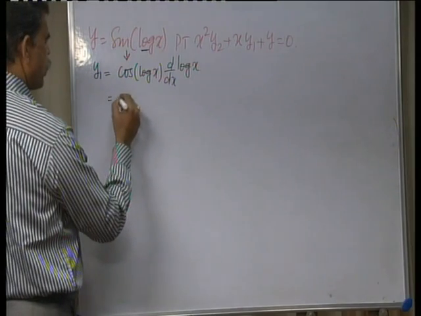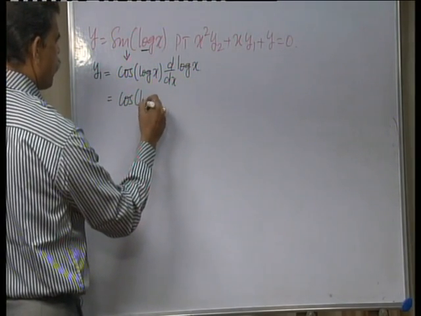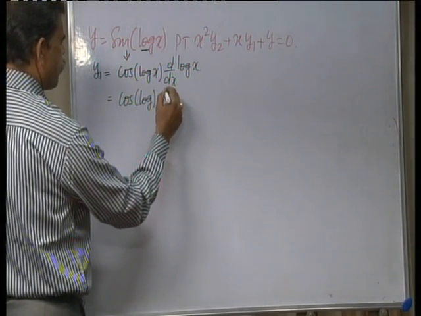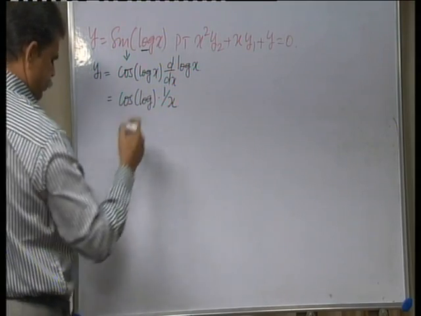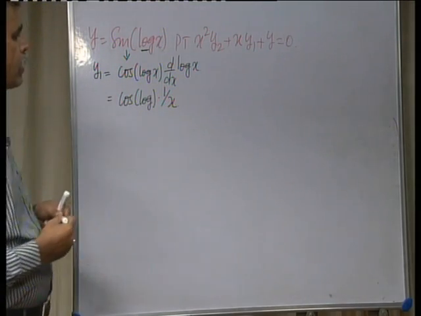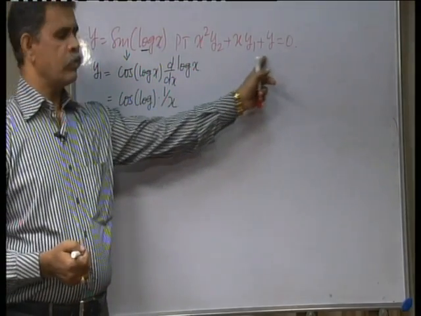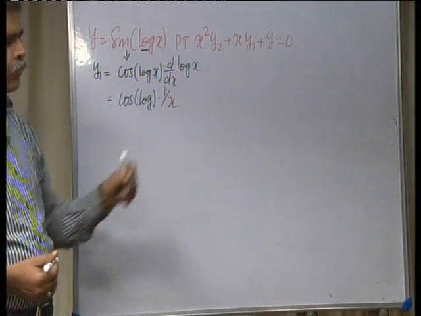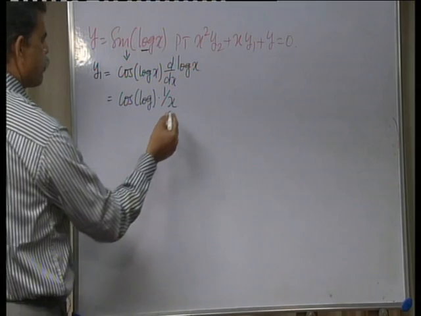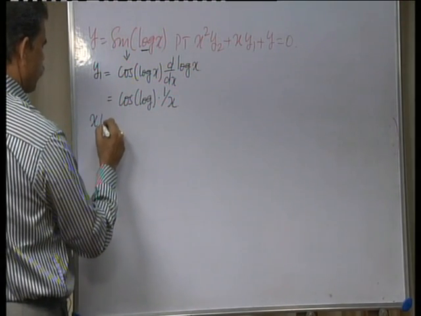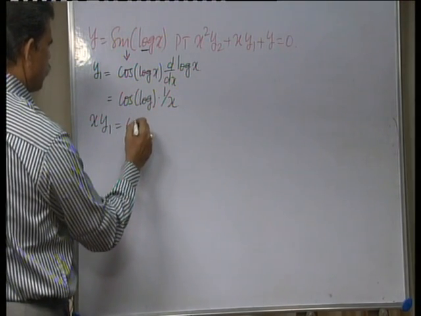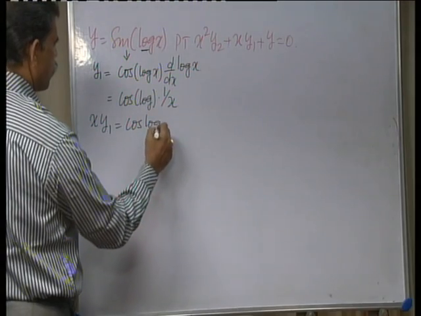The next step, it will become cos of log x into the differentiation of log x, which is 1 by x. We are getting an equation form. The answer is in equation form. That is why you cross multiply x here, it will become x into y1 is equal to cos of log x.